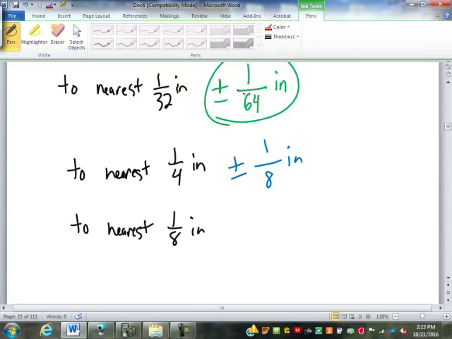We've done this about 3 times so far, so hopefully we got this one. Plus or minus 1/8, or to the nearest 1/8 implies plus or minus 1/16. Great. So you can see to find that possible error, the plus or minus, we're just taking our degree of precision and we're multiplying the denominator by 2. The nearest quarter inch becomes plus or minus 1/8 inch.